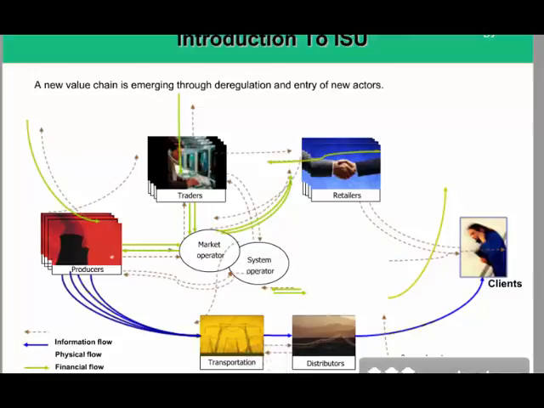But in the information flow and financial flow, you see a web of it generated in the deregulated market. There are traders which come into the picture, which buy the electricity generated from the producer, and then sell it to the transmitter, and then the retailers come into the picture. They take from the transmission line, and then sell to the client.